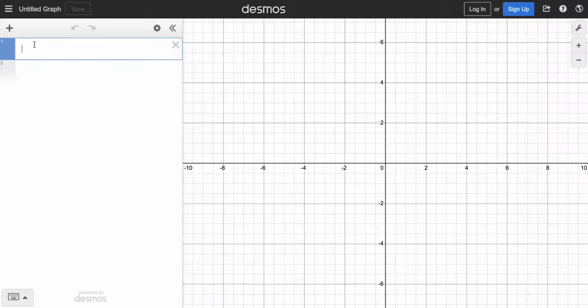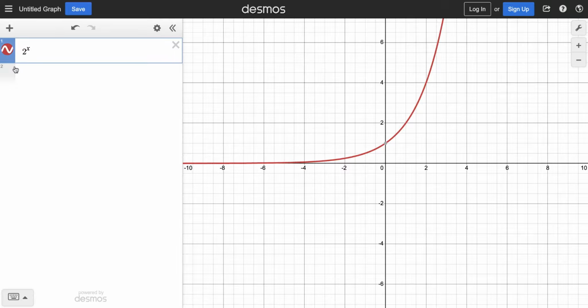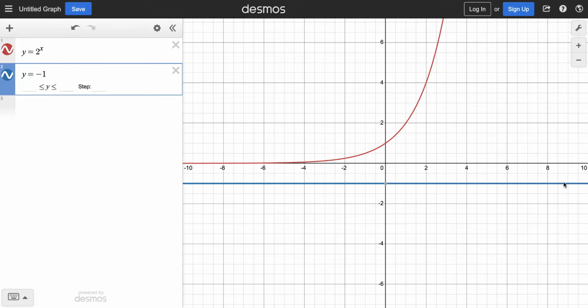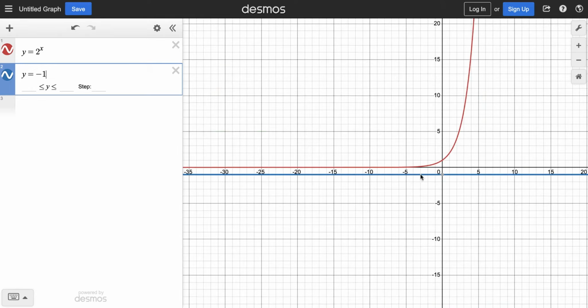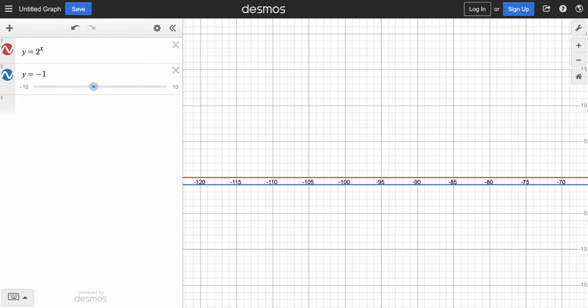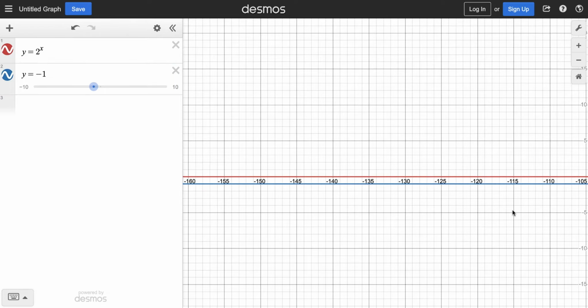And actually, let me just use Desmos here. Let's say we have y is equal to 2 to the x power, and in the other one, we have y is equal to negative 1. You'll notice how these two graphs have no intersection points at all, meaning that there's no solution.